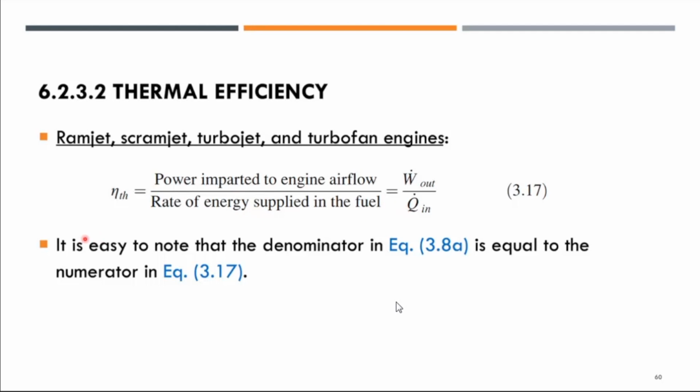So it is easy to note that the denominator of equation 3.8a that we have seen earlier is equal to the numerator. You may want to refer back to equation 3.8a. That is actually the top portion here.